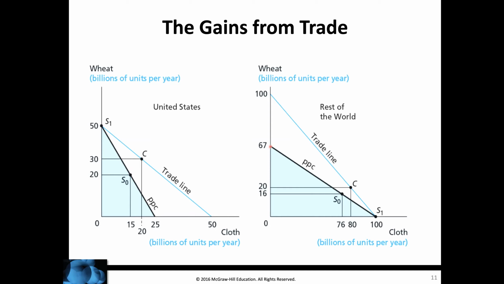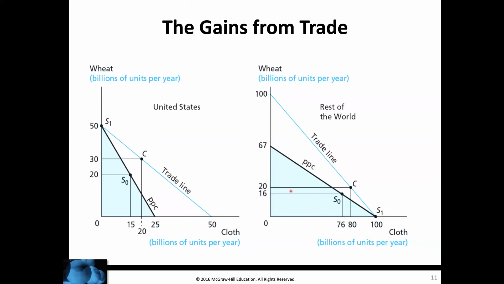So here, with their 100 billion hours that they can allocate, they can either produce 67 billion units of wheat or 100 billion units of cloth.